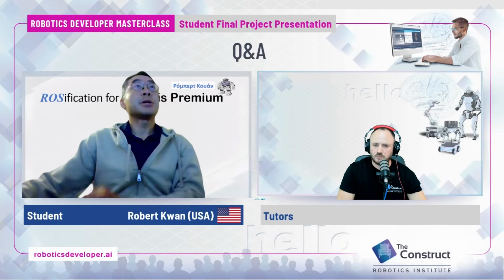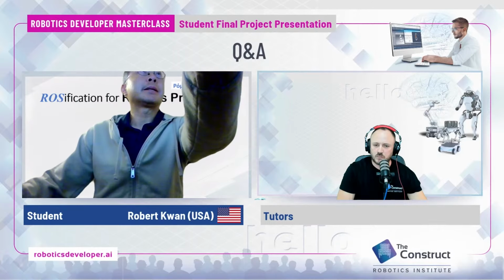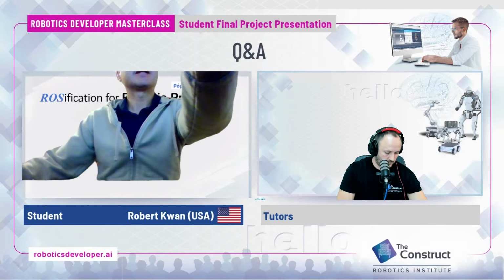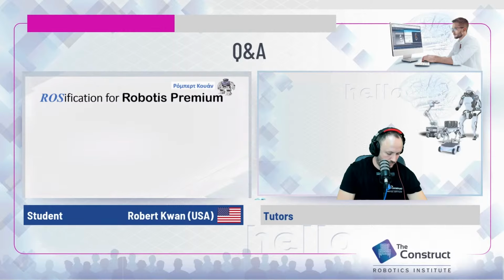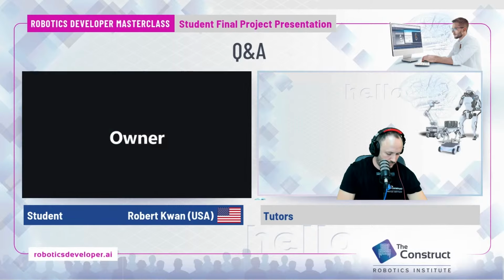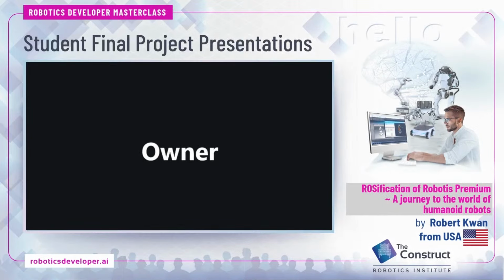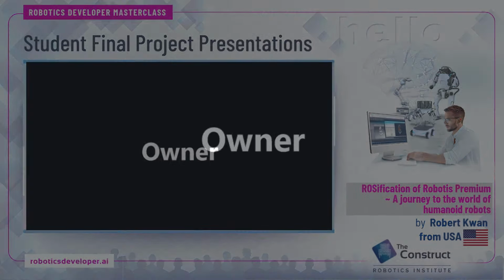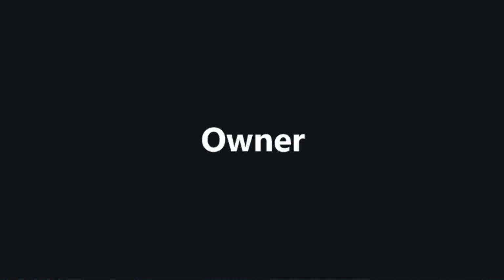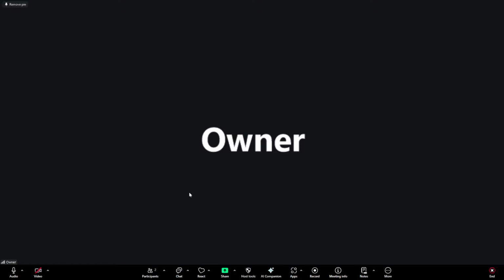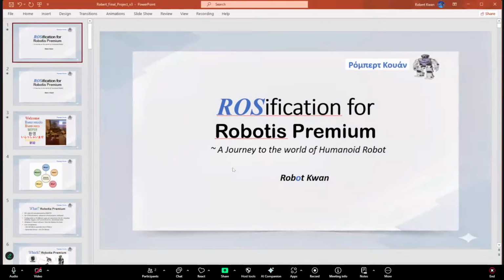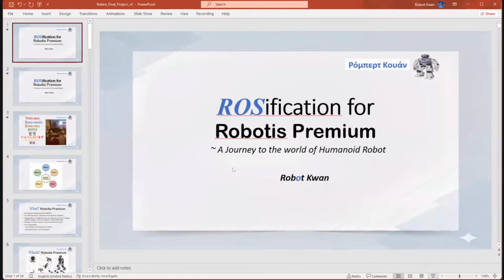Okay, I think I will turn off my camera and share my PowerPoint. Seems that once I try to make it into a slideshow, I cannot share. Okay, your screen is being shared now, and we can see your screen. Great. Thank you.